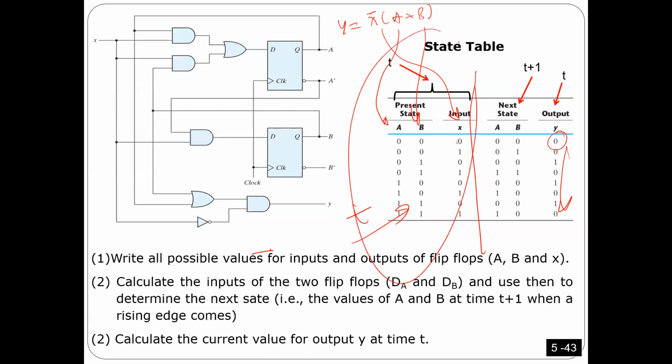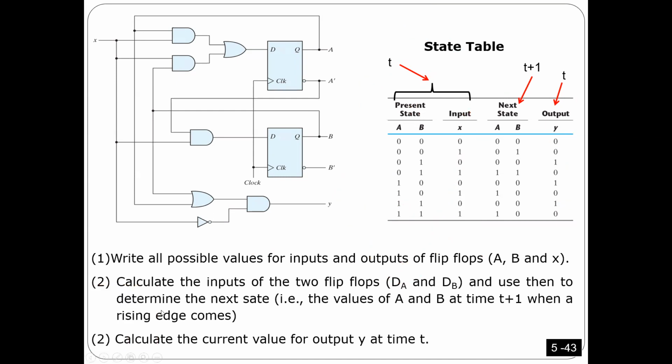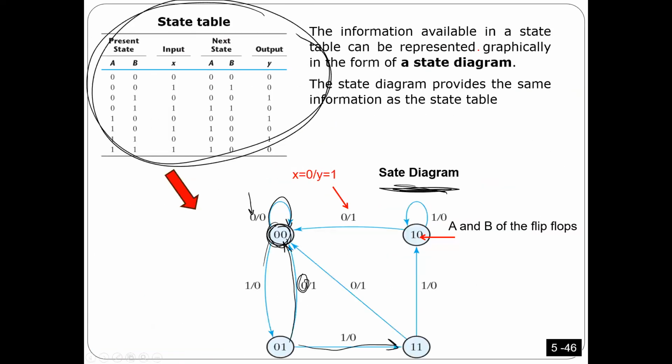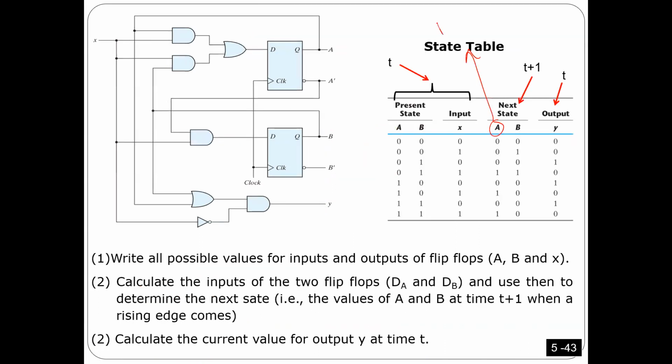This part here is the current A and B. So all I'm going to do again is use this equation. For A, the equation is AX or BX. So here I'm going to use AX or BX. That's it. For every record here, I have ABX. I'm going to apply this equation and calculate one by one.